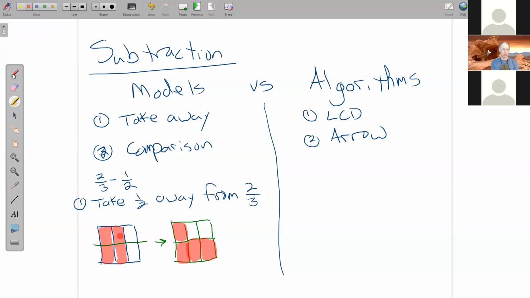And so now I can make a note to myself that I need to take that away. And then that leaves just this single piece here. Let's squeeze it down here.